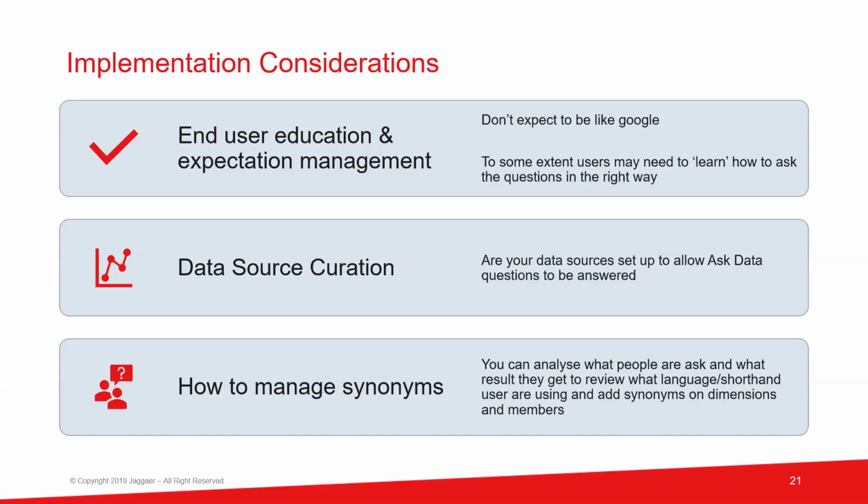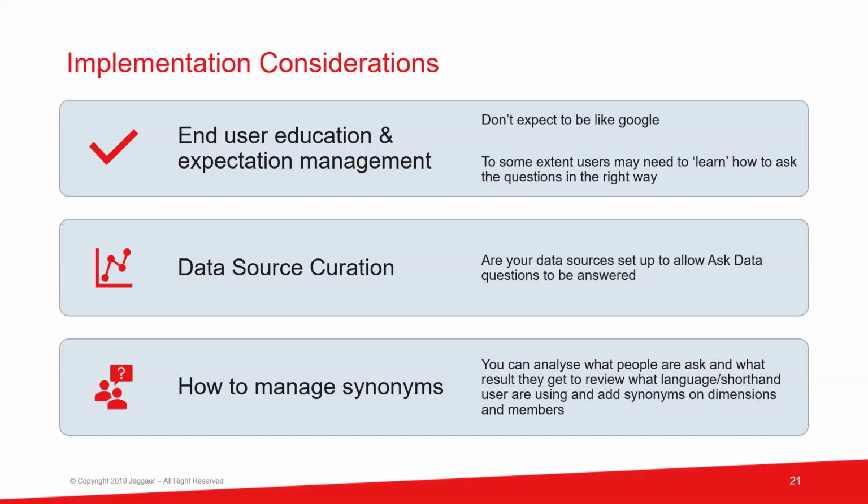You can't just type anything you want and Google will go off and work out what you're talking about. The difference between Ask Data and Google is that Ask Data is a natural language querying generation tool rather than a natural language search tool. That being said, Ask Data is pretty intelligent and it does understand quite a few language concepts.